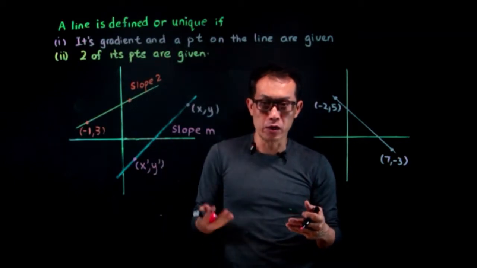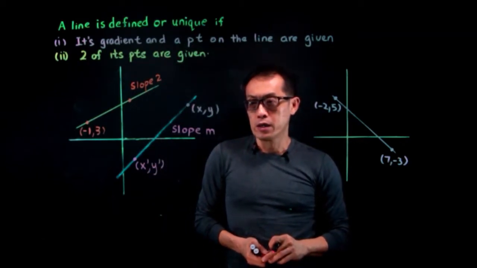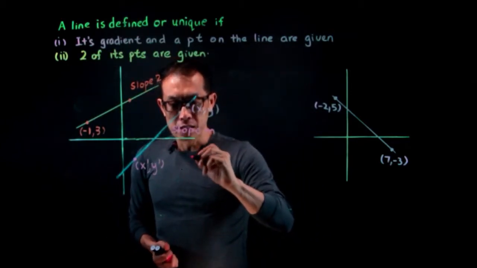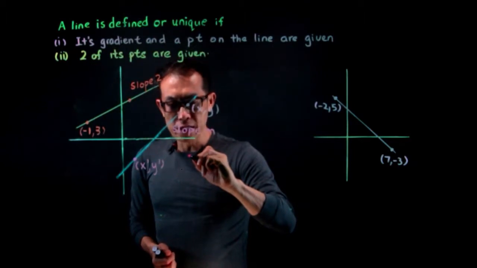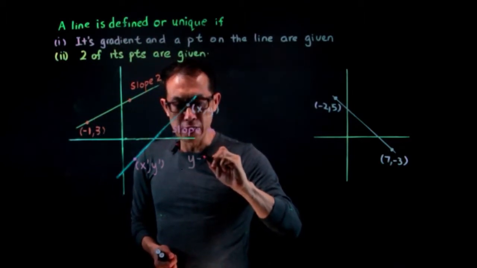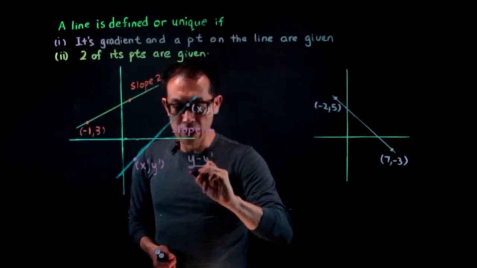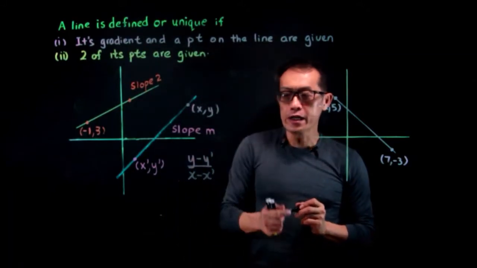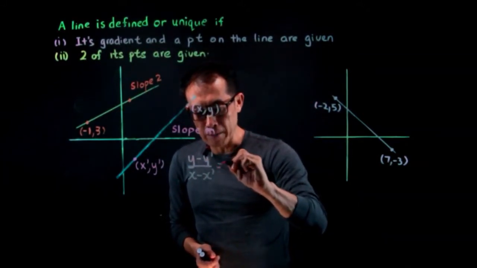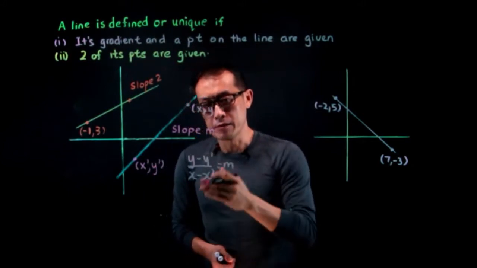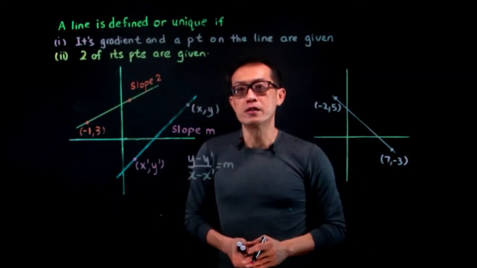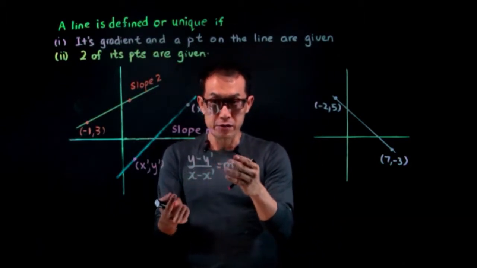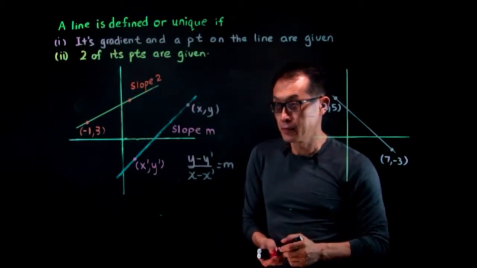Now, you learned earlier that the gradient of a line can be found by using this formula: y minus y prime over x minus x prime. Now, if the gradient is m, we can equate this to m. Now, this is the equation of the line. Of course, you can cross multiply and then rearrange them.